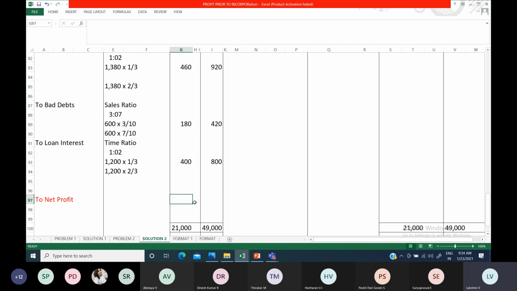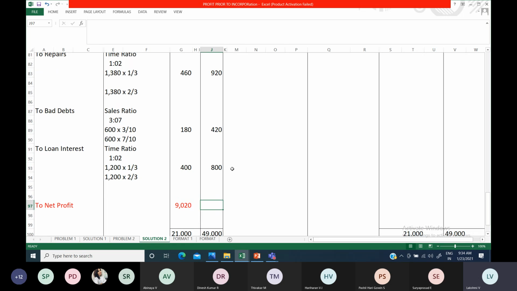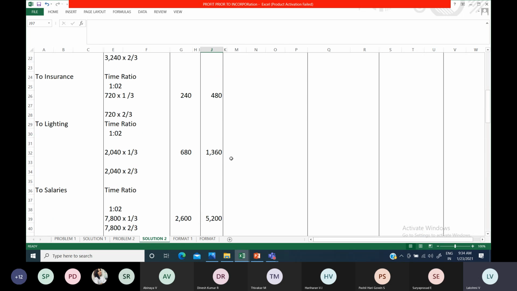I am getting 9,020. You just find out whether you are getting the same amount for the pre-column, profit prior period, prior to incorporation. Similarly, from 49,000, you subtract all the items.